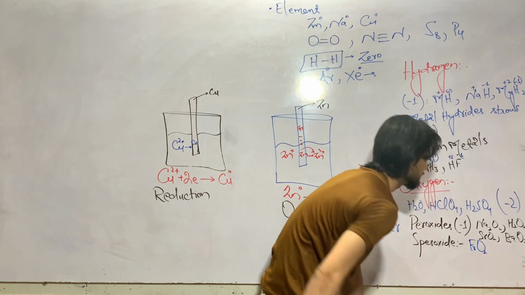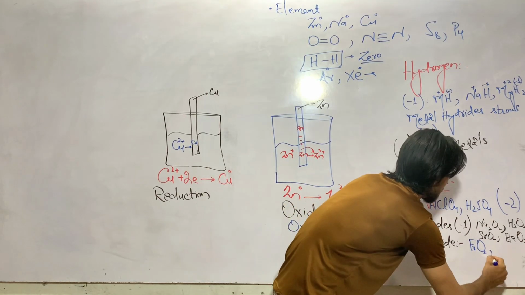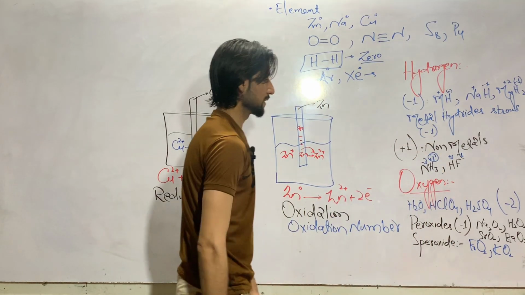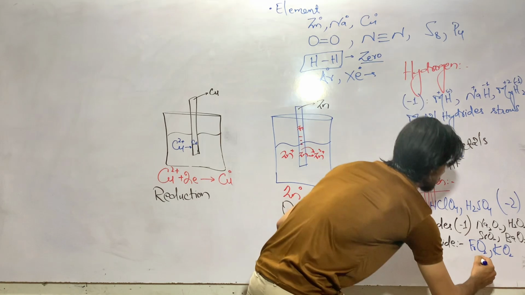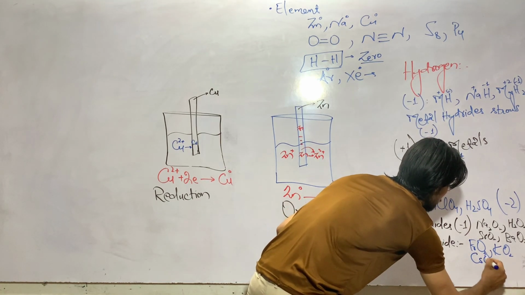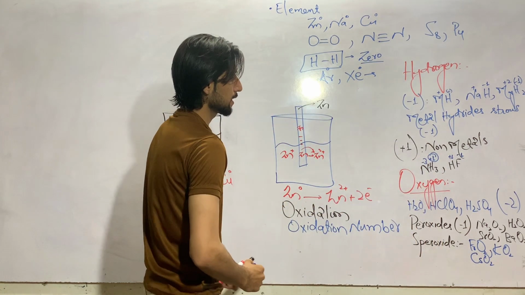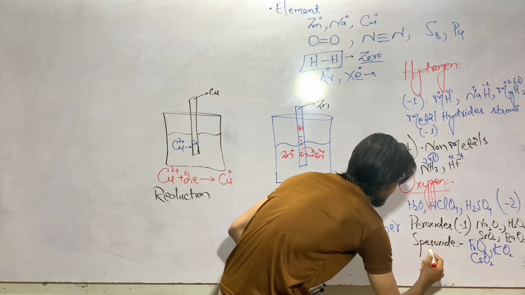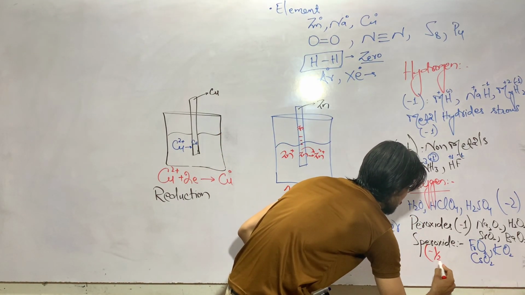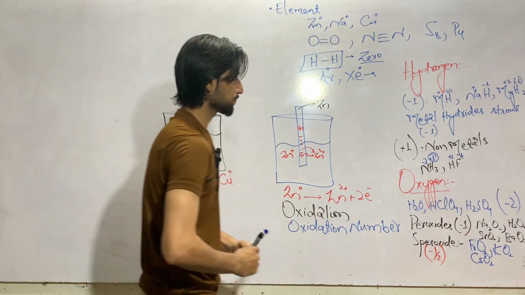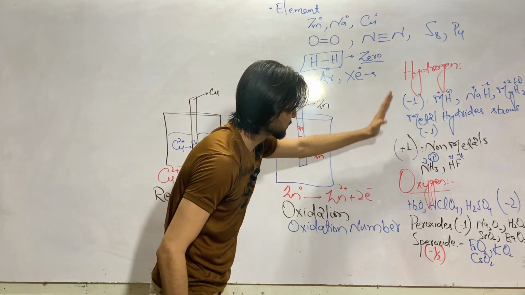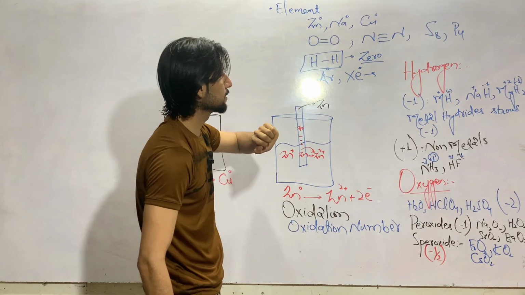I must write. Potassium superoxide. Cesium superoxide, Cs. So here, oxygen is in what oxidation state? It is in -1/2. So this was about hydrogen and oxygen elements.